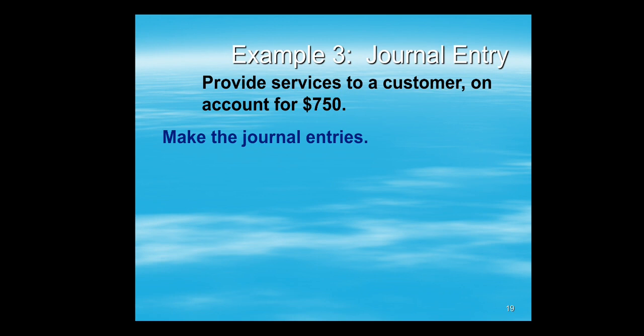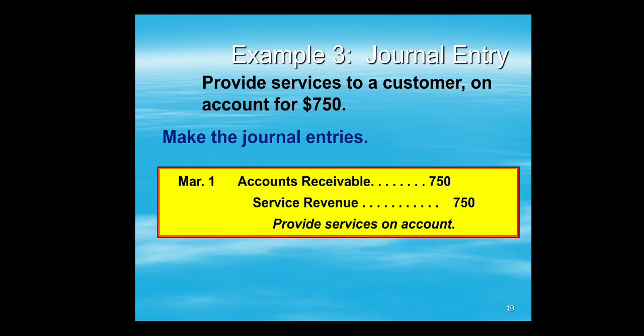So there are two effects. Asset, account receivable increases 750. How to record that? Asset increase, you debit. So that's why in the journal entry, you write the date and then you show account receivable debit 750. When you see that, you know account receivable has increased 750. And then the second effect of the transaction on the accounting equation is equity increase.